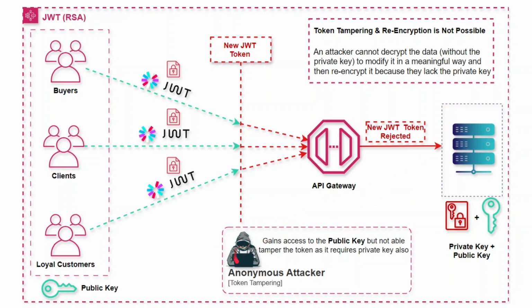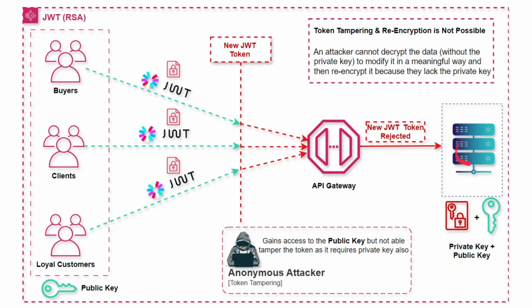Now what he is going to do, let's say he is going to generate a new token, but the token has not been signed by this private key. The anonymous attacker is still going to send the JWT token encrypted with the public key, because the public key is only used for encrypting the data, but there is no private key associated with it.